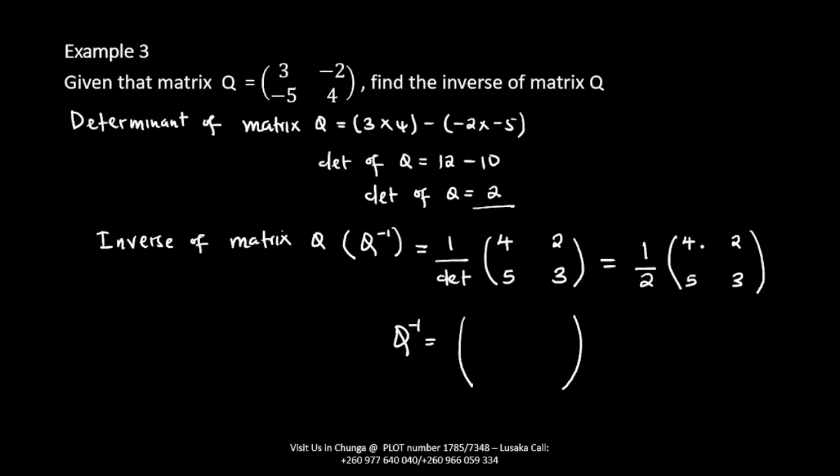So 1 over 2 multiplied by 4, our answer there is 2. Then 1 over 2 multiplied by 2, our answer will be what? 1. Then 1 over 2 multiplied by 5, our answer will be 5 over 2. Then 1 over 2 multiplied by 3, our answer will be 3 over what? Over 2. And that becomes our answer for example 3.